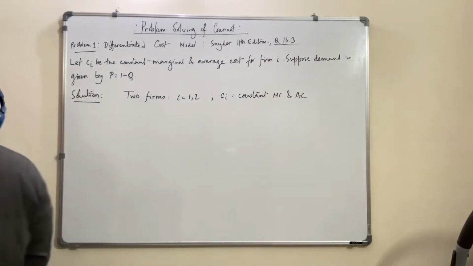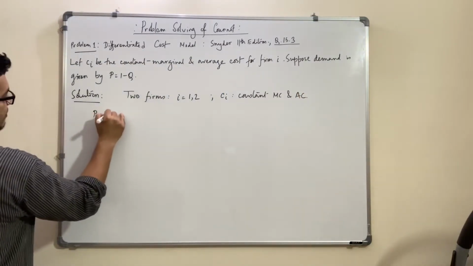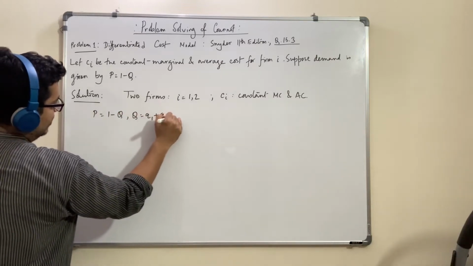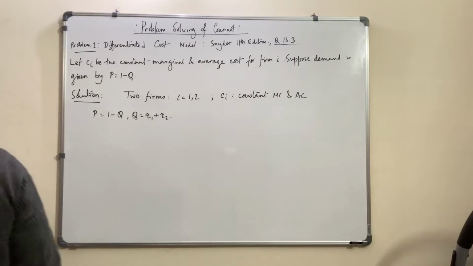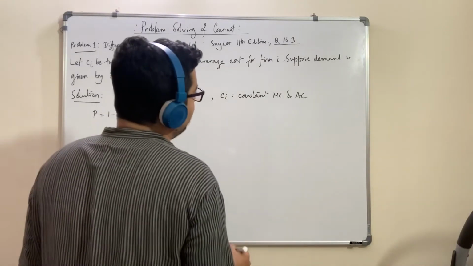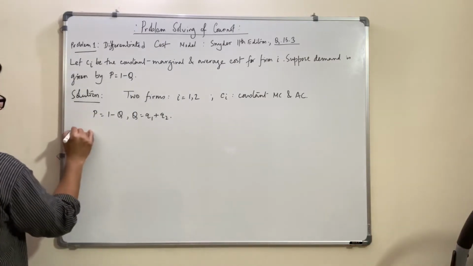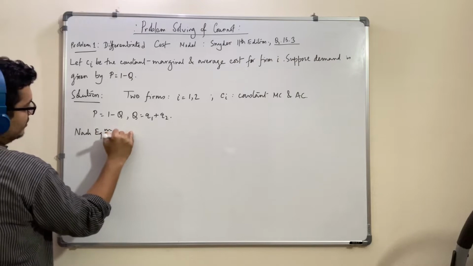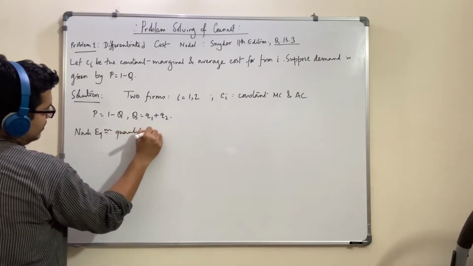The demand function is P = 1 - Q, where Q is obviously q1 + q2. So our first task is the Nash equilibrium quantities.